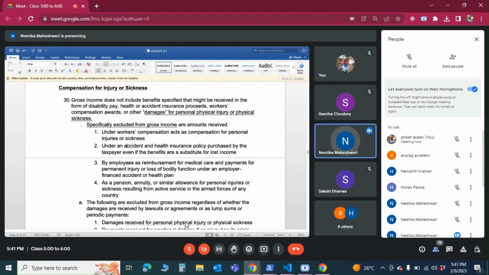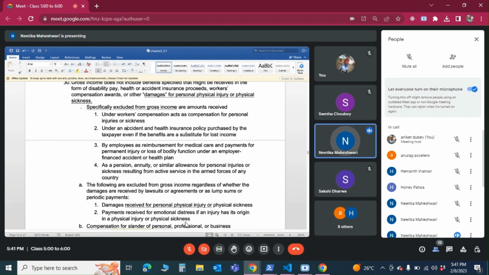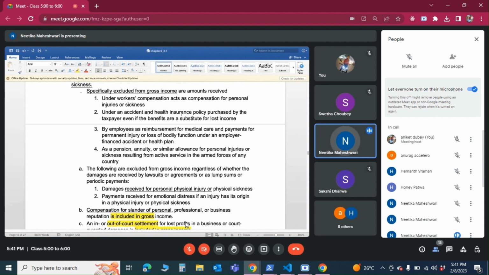Under any accident and health insurance policy, if they're getting reimbursed, they may get benefits which are a substitute for lost income. If the income was not lost, it would have been taxable income, right?